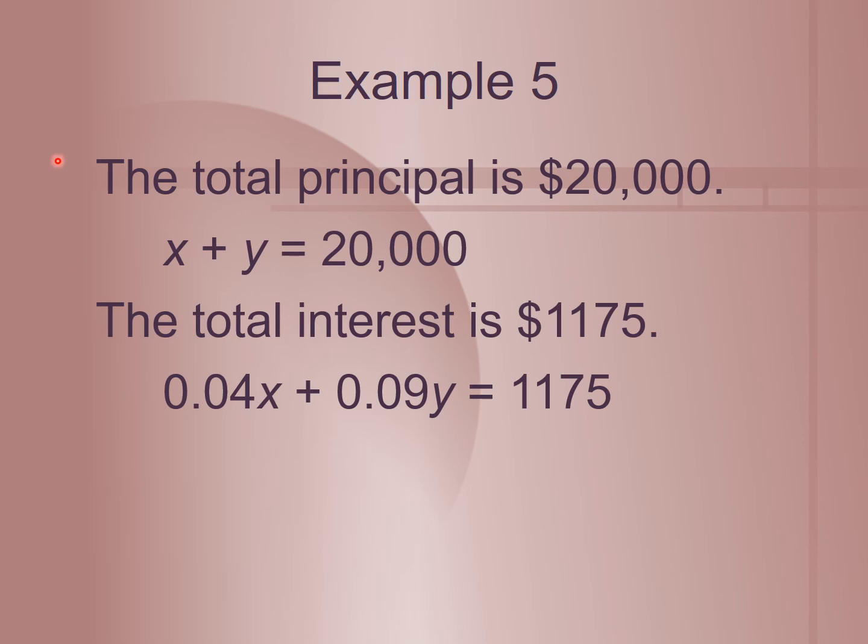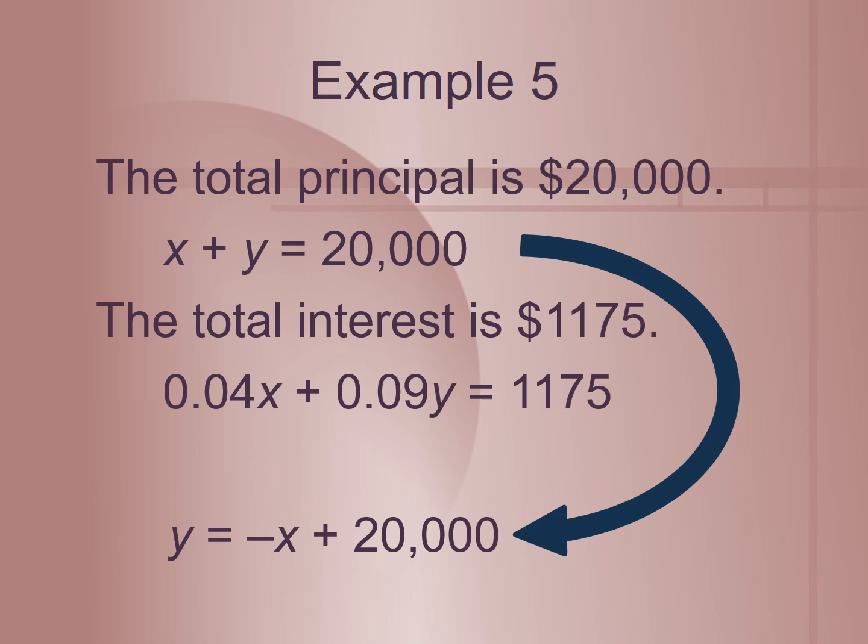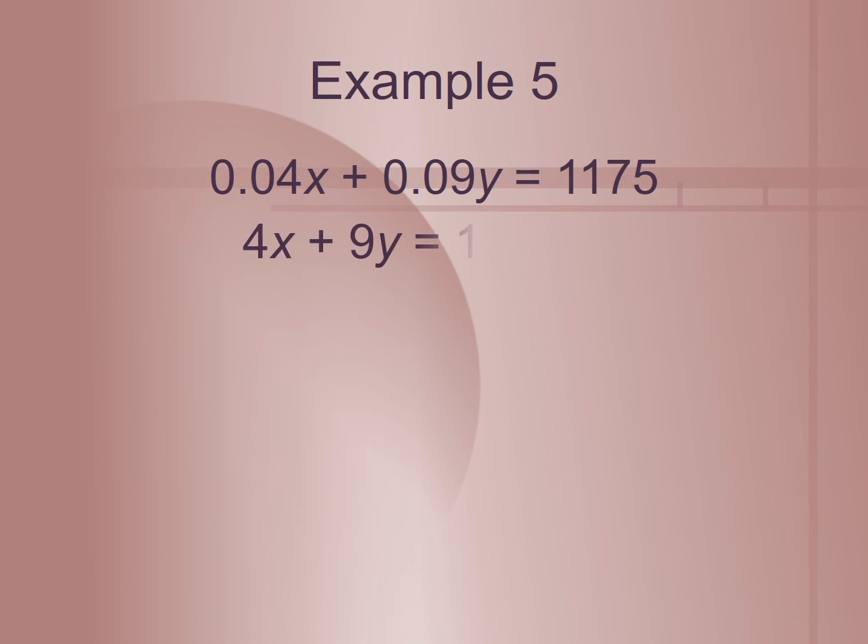We can use substitution: solve for one variable, substitute it into the other equation, and then solve for that variable. So x plus y equals 20,000. We can solve for y by subtracting x from both sides. Now that we know what y is, we can put it into our other equation.